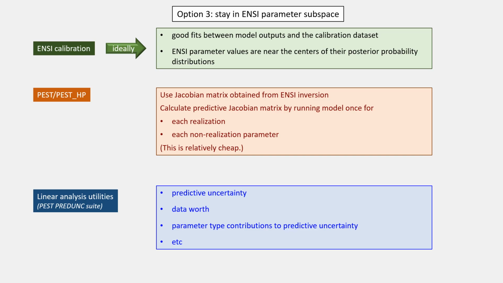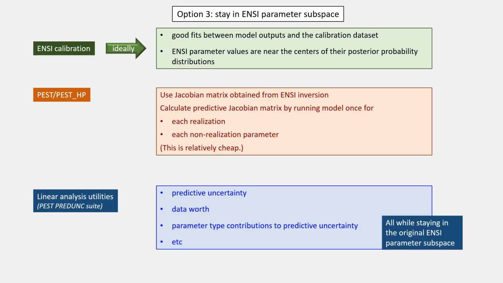Then we can simply do linear analysis using utilities available through the PEST suite to look at predictive uncertainty and ancillary things like data worth, parameter type contributions to predictive uncertainty, and other nice things that linear analysis will give us. So that's option 3, and all the while we're staying in the original ENSI parameter subspace. This is probably the quickest option, but a little bit approximate.